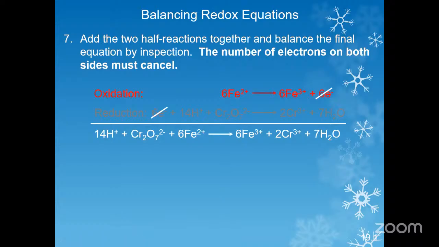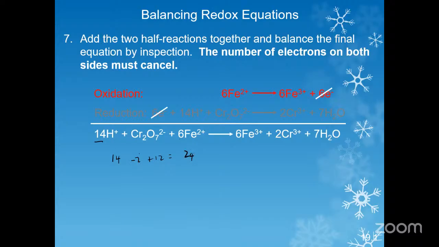But we also have to check the charges. We have to make sure that the total charge on the left is equal to the total charge on the right. So based on what we have here, we have 14 plus charges, and then we have minus 2, and then we have 6 times plus 2, so that's plus 12. So that gives a grand total of what? 14 minus 2 is 12, 12 plus 12 is 24, right?